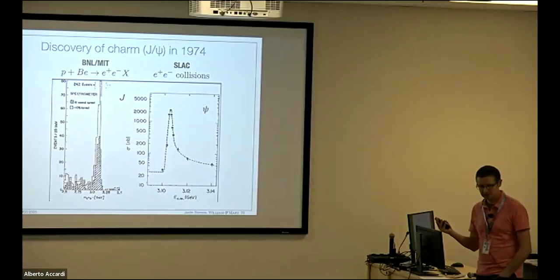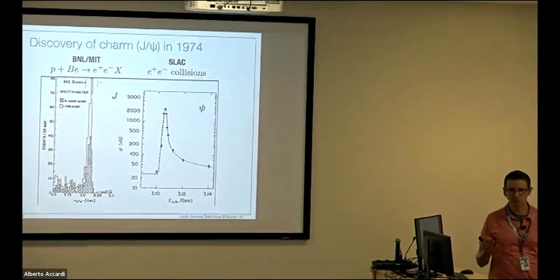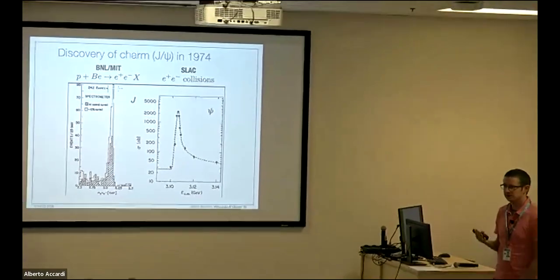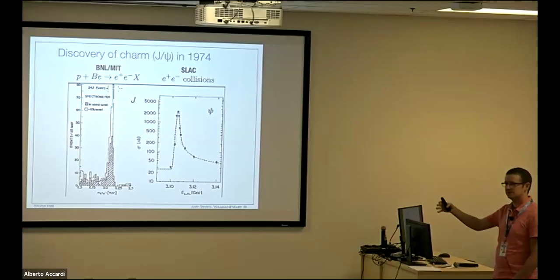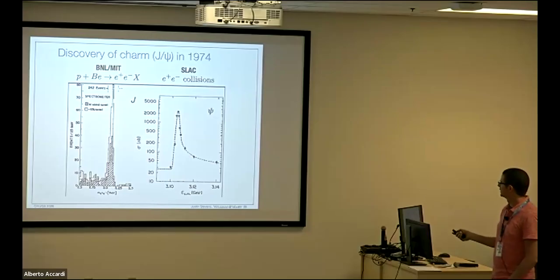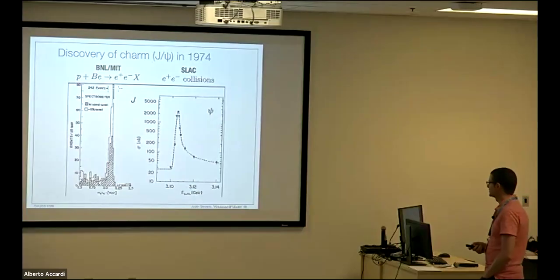It occurred in 1974. This is what's known as the November Revolution, where around the same time they both agreed to release their results. Unfortunately, they gave them two different names. The group at Brookhaven called it the J particle, continuing after the kaons. They went up to J. And the group at SLAC called it the psi meson.